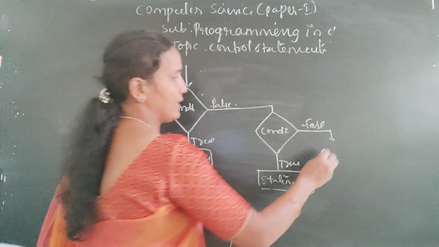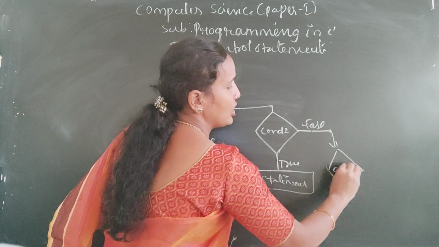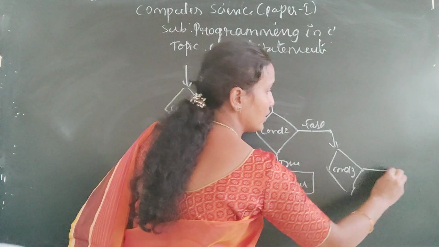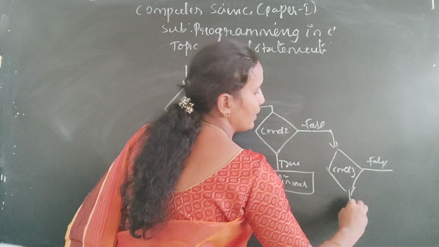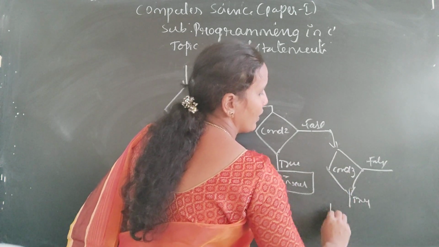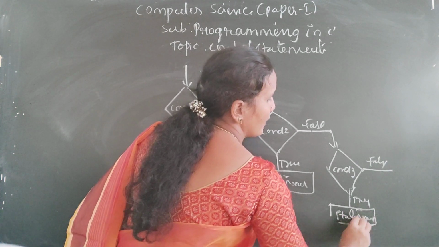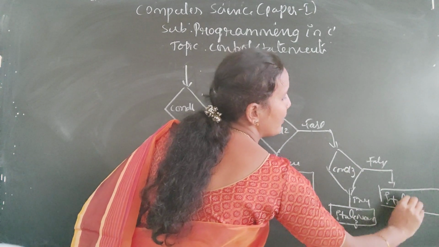If it is false, again I have given a third condition, condition 3. If condition 3 is true, then statement 3 will be executed. If it is false, statement 4 will be executed.